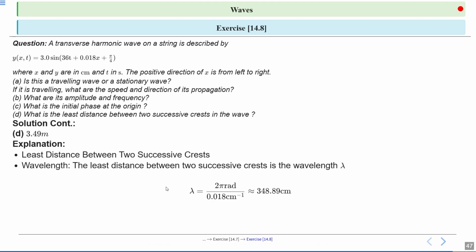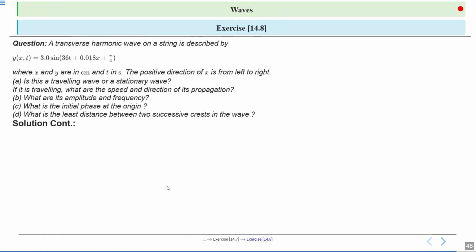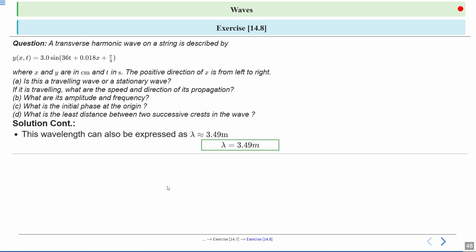So lambda equal to 2 pi radian divided by 0.018 per centimeter. So solving this, you will get 348.89 centimeter. Now this wavelength can also be expressed as lambda equal to 3.49 meter.